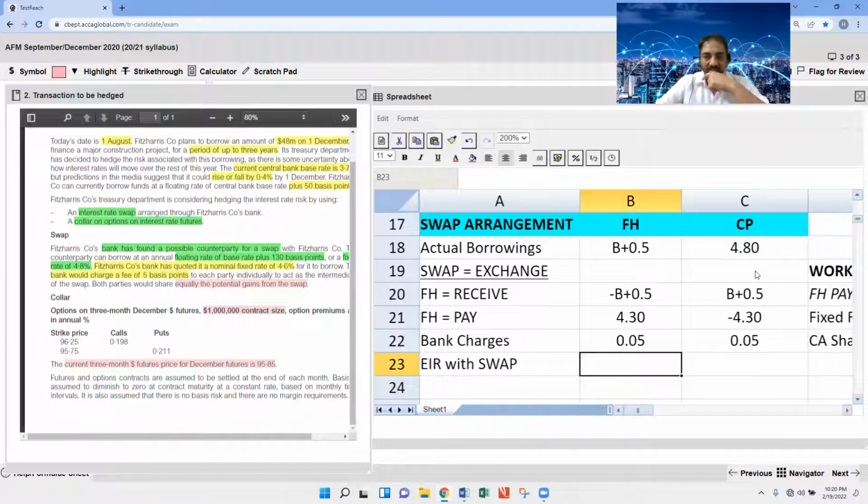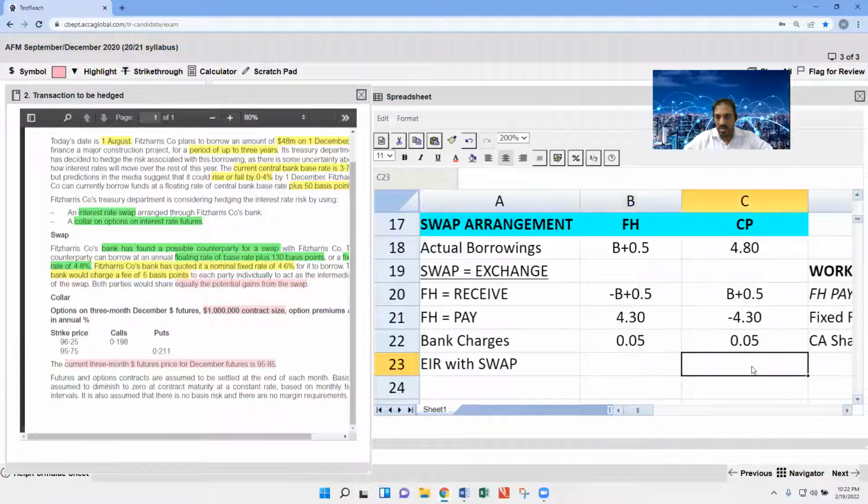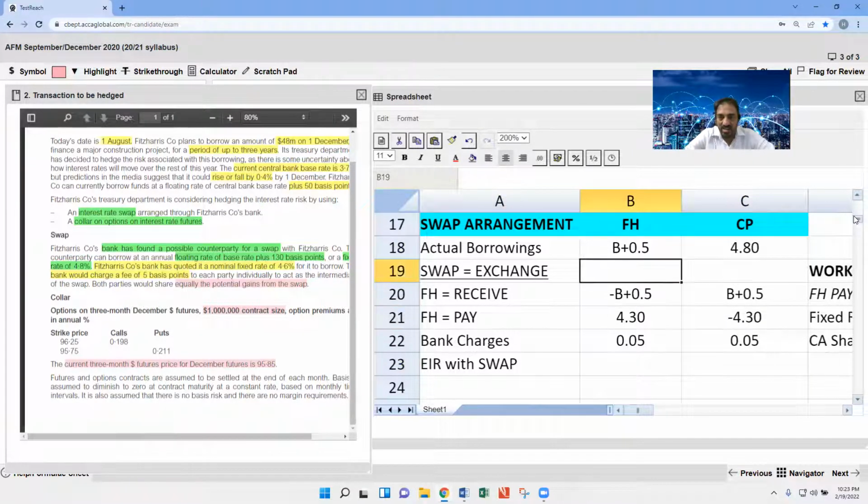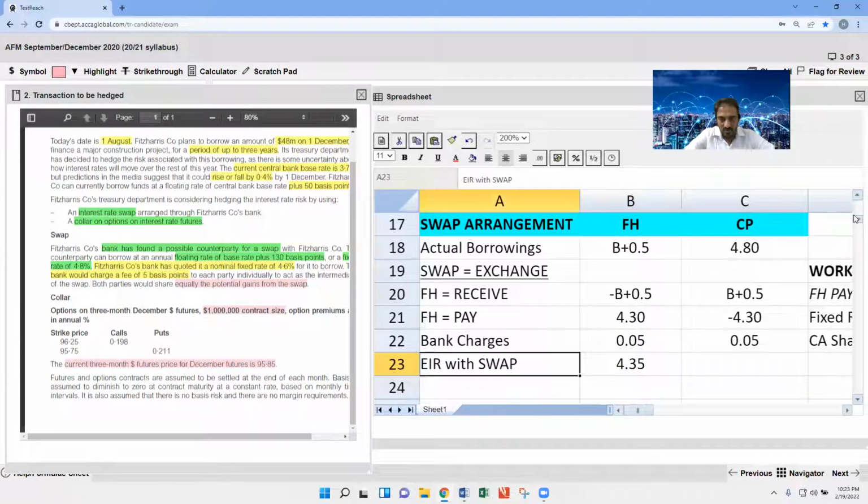Okay, sorry, apologies for this inconvenience. Okay, what will the effective interest rate be? 0.5 plus and minus cancel, and is equal to 4.35.